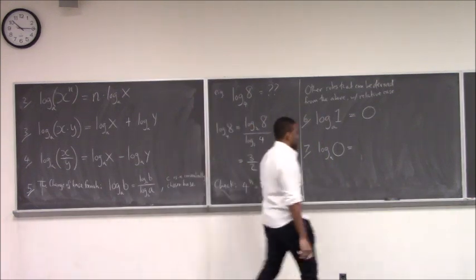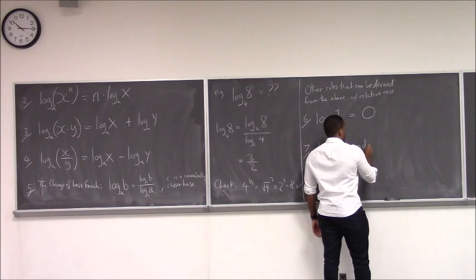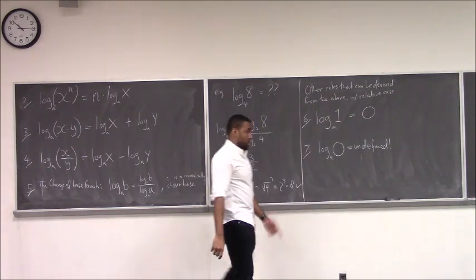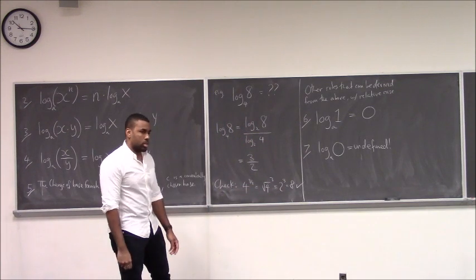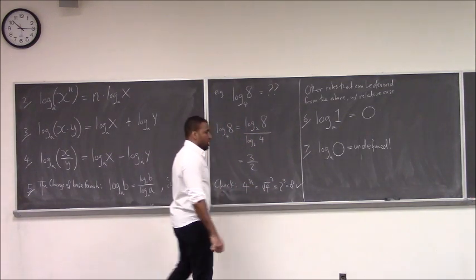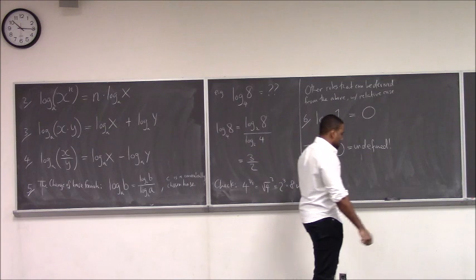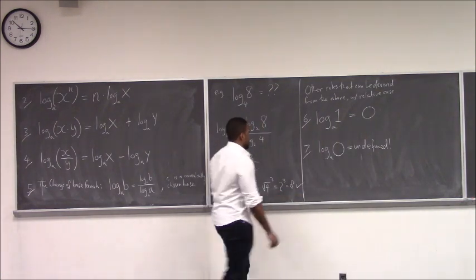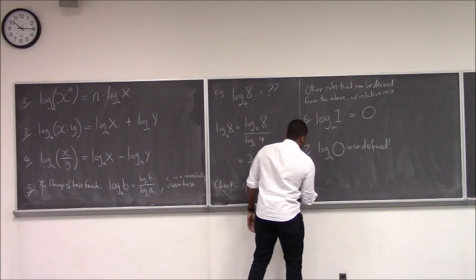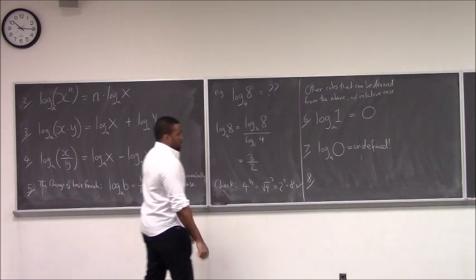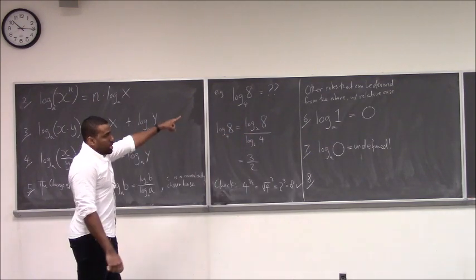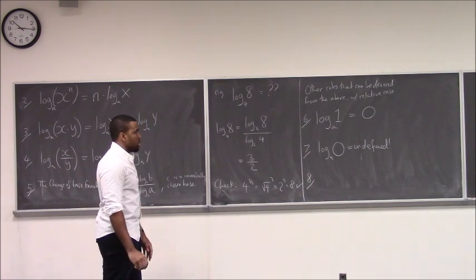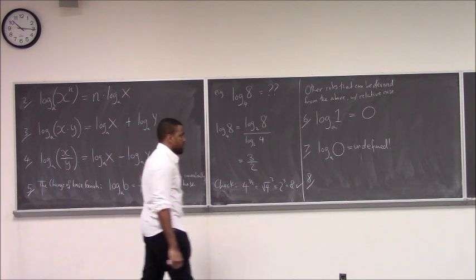And so for our purposes, this is undefined. Log of 0 is undefined, and we'll actually look at the log function to see why this is. Once you're hitting the log of 0, it means you're going somewhere that you shouldn't go. So by the definition, we can see that log of 1 has to be 0. Once we have a valid base, any base, log of 1 is 0. Log of 0 is undefined.